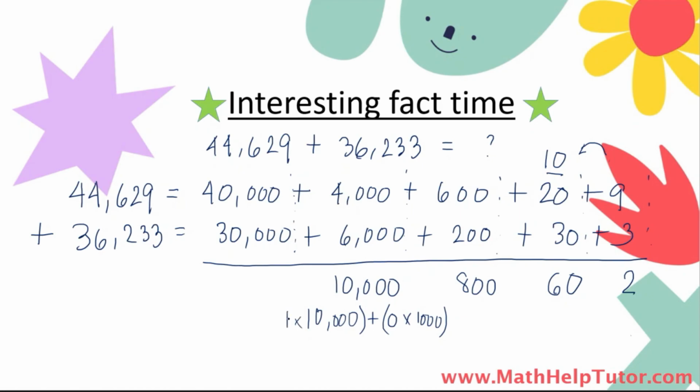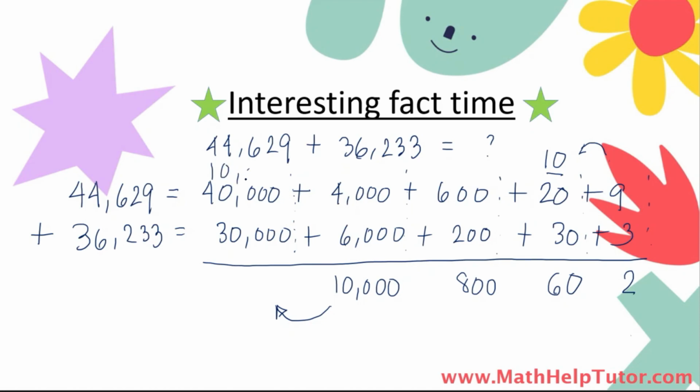Since we cannot have an amount greater than 9,000 in the thousands place, we are going to give the whole 10,000 to the next place, the 10,000s place, because this is 1 10,000 and it belongs to a different place. So we transfer 10,000 here as an overflow.